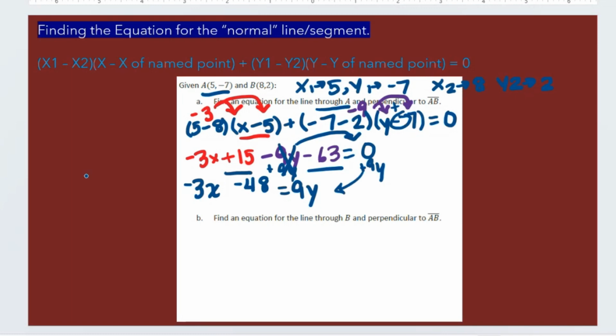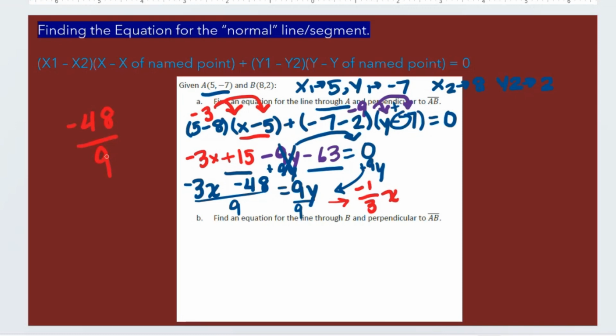I would just be bringing it on down. I want my y to be isolated or by itself. So I'm just dividing everything by 9. -3x divided by 9, I'm just going to rewrite it all over here, is -1/3. It's just simplifying that fraction. -48 divided by 9. Well, I know that that's not going to come out evenly. So I'm looking for simplifying this fraction.